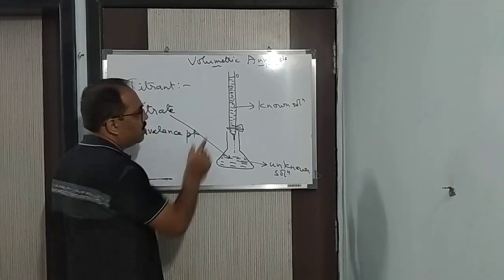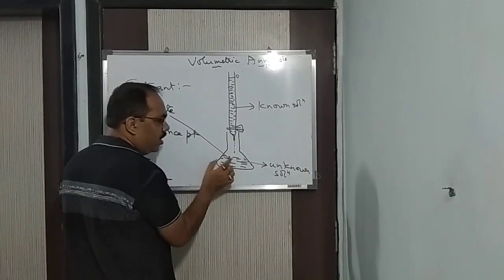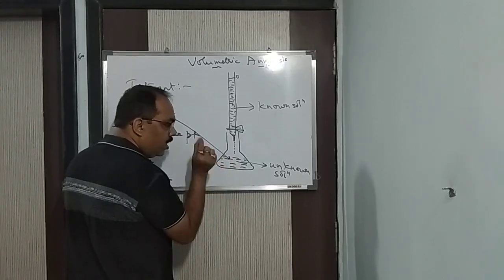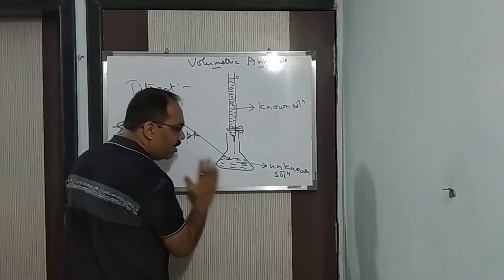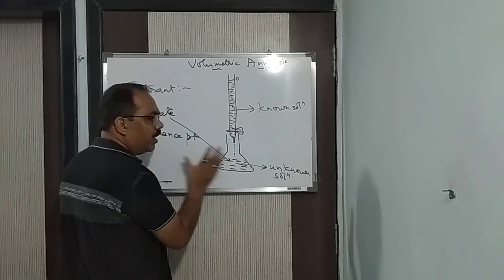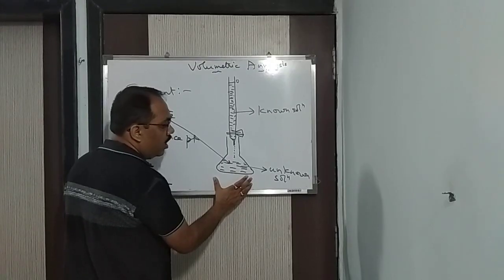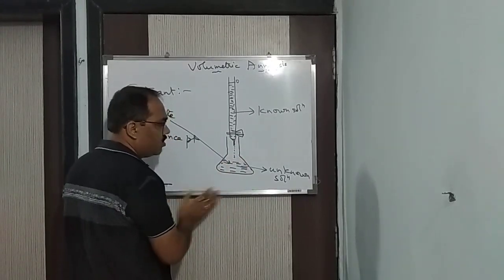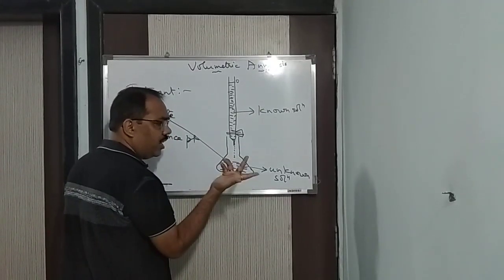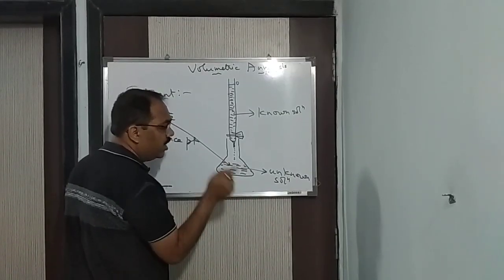Understood what I said? Suppose we take NaOH here and HCl here. We'll allow NaOH to drop upon the HCl drop by drop. At a particular point you will see that the titration is complete, when the solution gets neutralized completely. How do we know that the solution is neutralized? Generally the solutions we take are colorless, so for that reason we need an indicator.